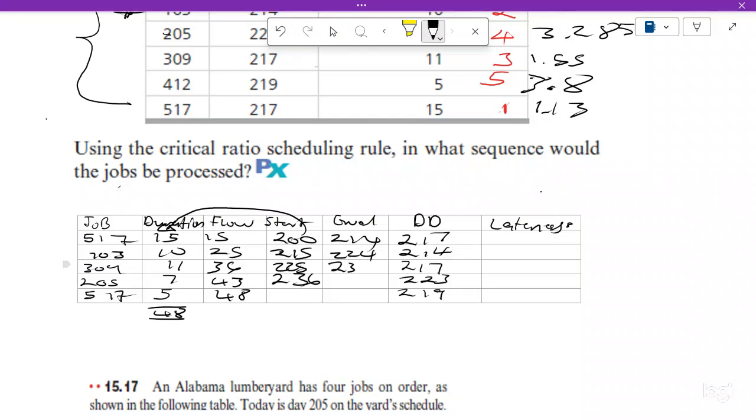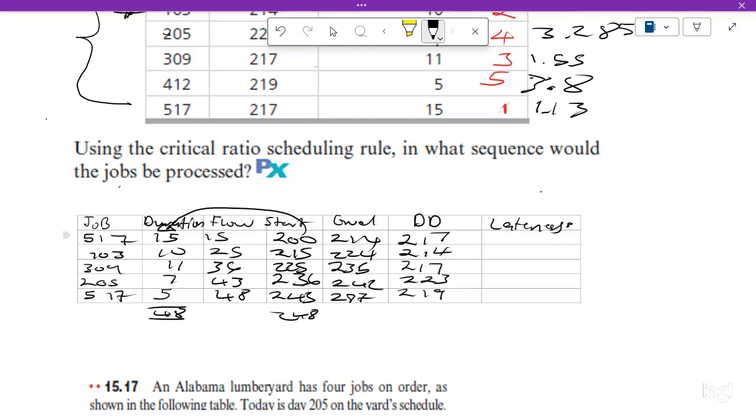Then we have 243, plus 7, 242, plus 5, 247.